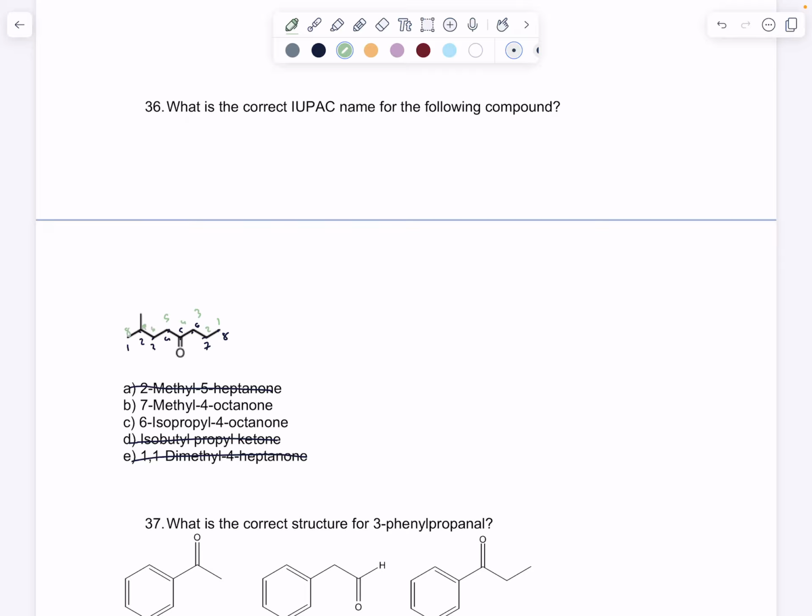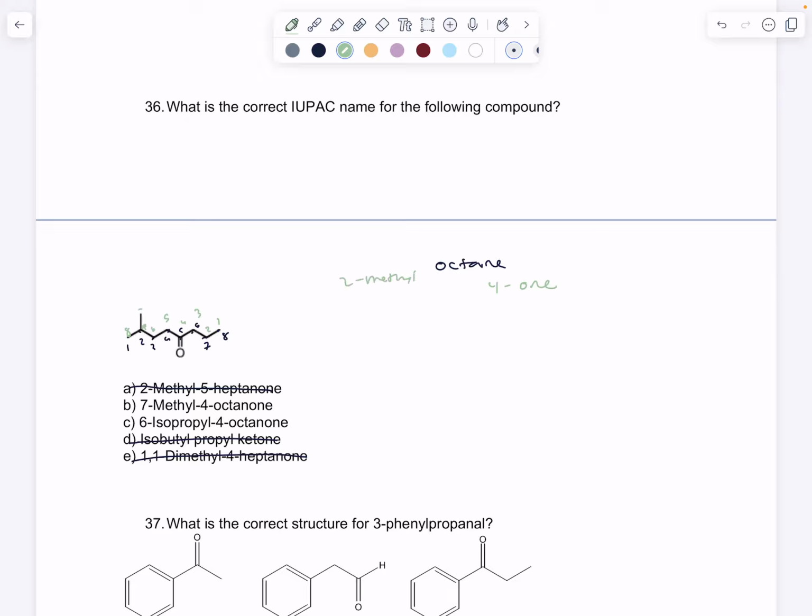Ketone is a high priority group, and if I go with green, then it is at position 4. So the parent chain is octane, and we have a ketone at 4, which is 4-one. We drop the E and add the -one as a suffix, and then 2-methyl.